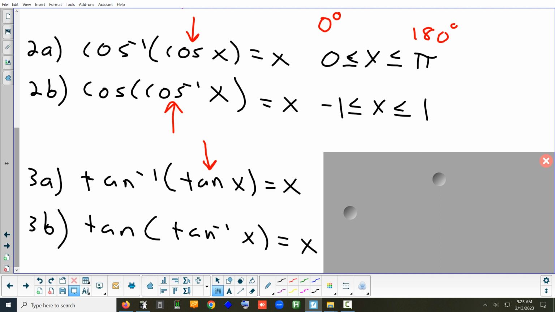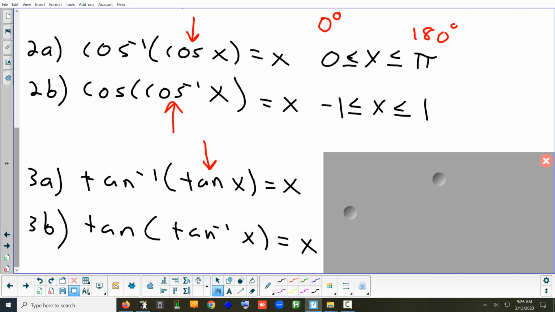Now, think of tangent. When I drew that box on the screen and I moved it to find a section that passed the horizontal line test, what did we decide on for a domain for tangent? From this number to this number. It's kind of like sine, but we've got to be a little careful.